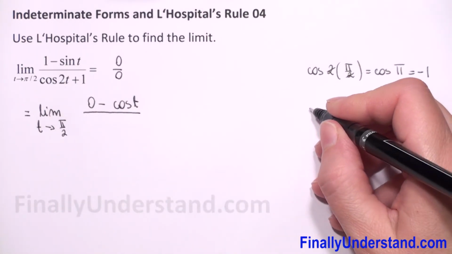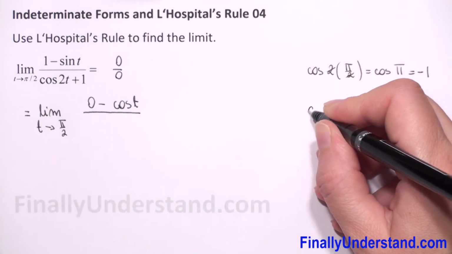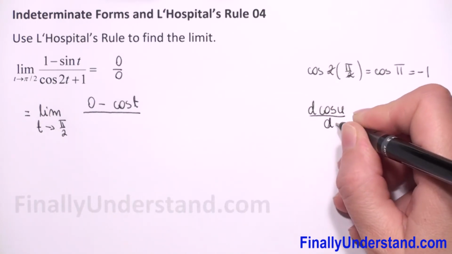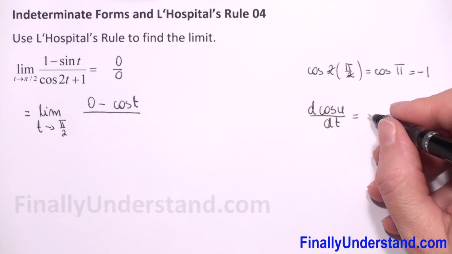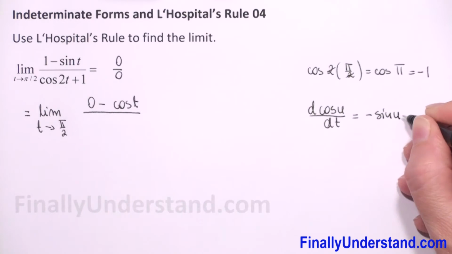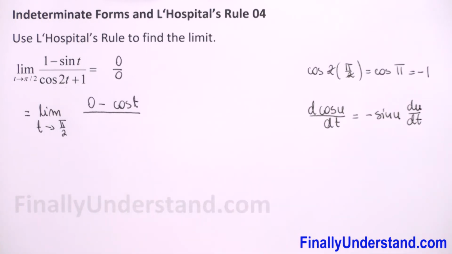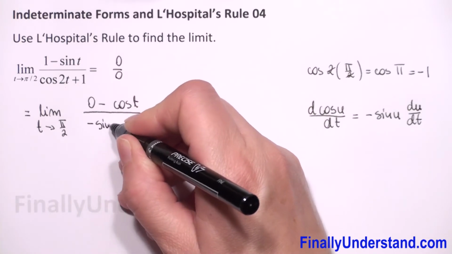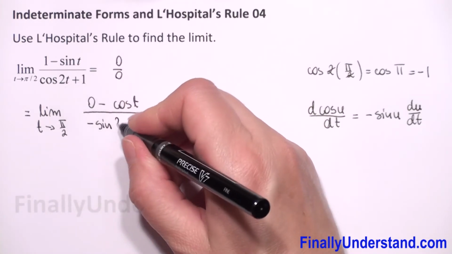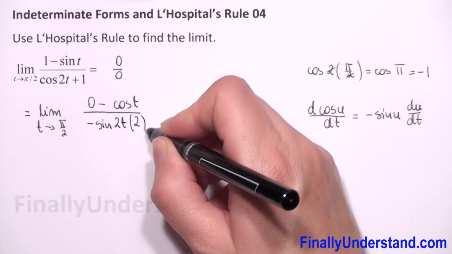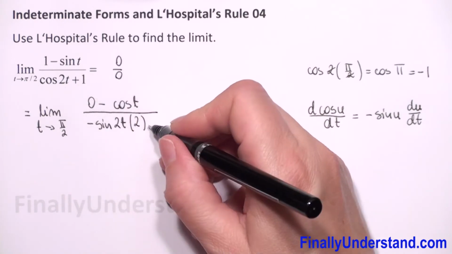and in the denominator we have the derivative of cosine 2t. It means we have to use the formula for the derivative of cosine u over dt. This is equal to the derivative of cosine, which is negative sine of u times du over dt. So in our case we will have negative sine of 2t times the derivative of 2t, which is 2, plus the derivative of 1, which is 0.